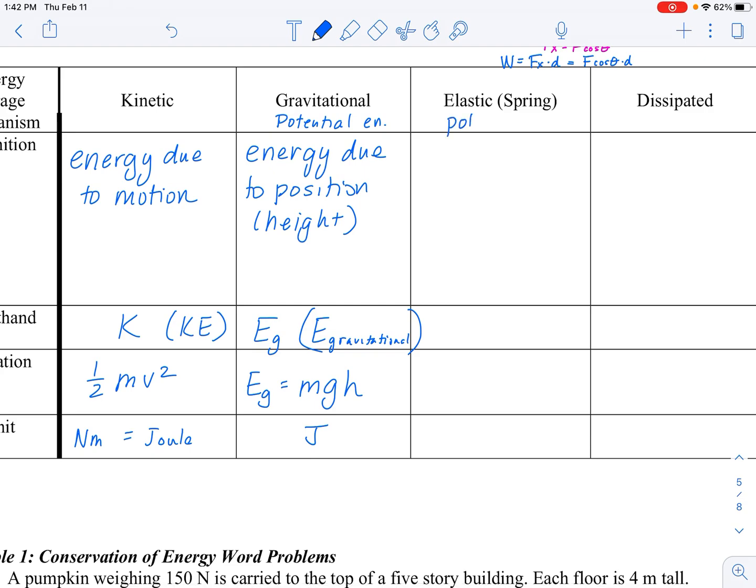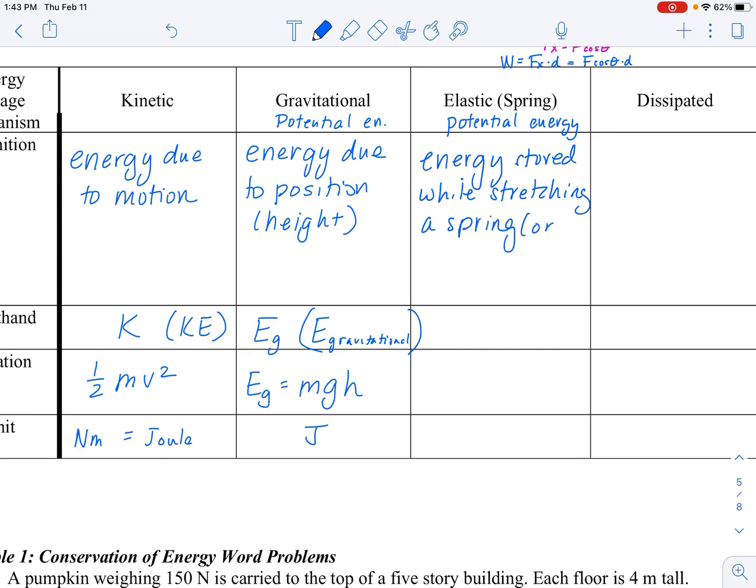Next, we have elastic potential energy. We talked about this in Unit 7.1. Elastic potential energy is energy stored while stretching a spring. And it actually could be a spring or other elastic object, like a rubber band, anything with elasticity, a rubber ball, a tennis ball.